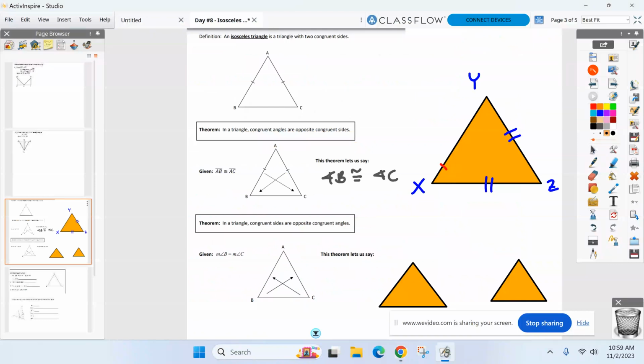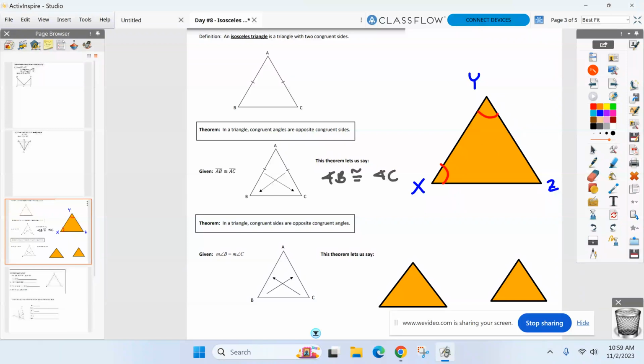Yep, X and Y. Good. All right, so please don't assume it's the bottom two. It is always across from the sides.